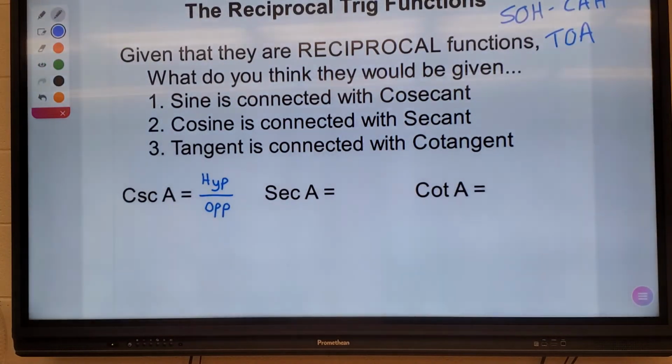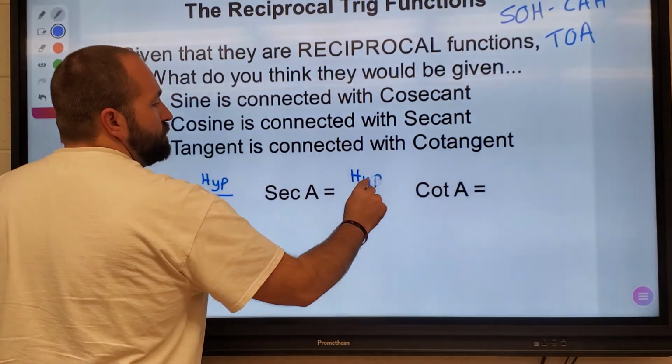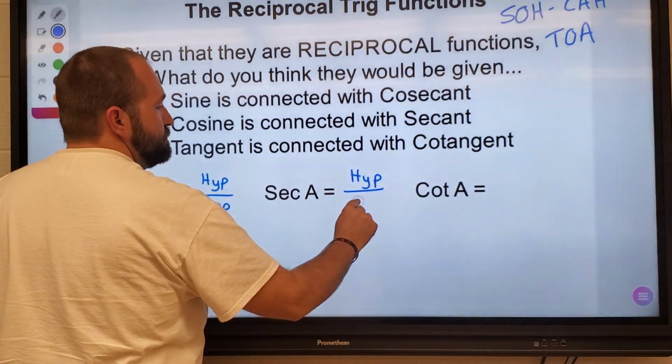Secant is the reciprocal of cosine, and cosine is the CAH, C-A-H, which means I had cosine as the adjacent divided by the hypotenuse. So if I flip that, I have the hypotenuse divided by the adjacent.